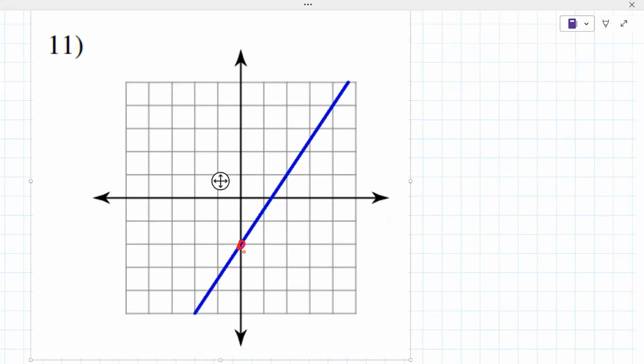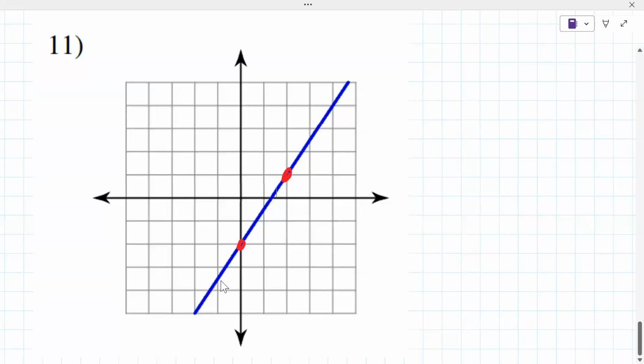It's got to go perfectly through the grid. The grid is this grayed out stuff. It's got to be perfect. And then you find another one, and you go until you find a perfect one. Depending on your instructor, they could really be difficult here. But once you get that, you can then determine the slope.